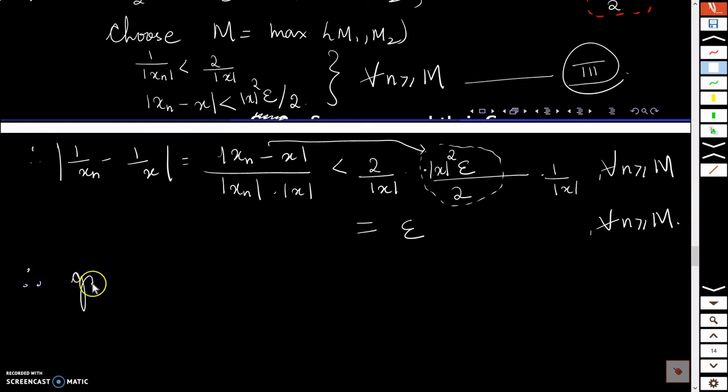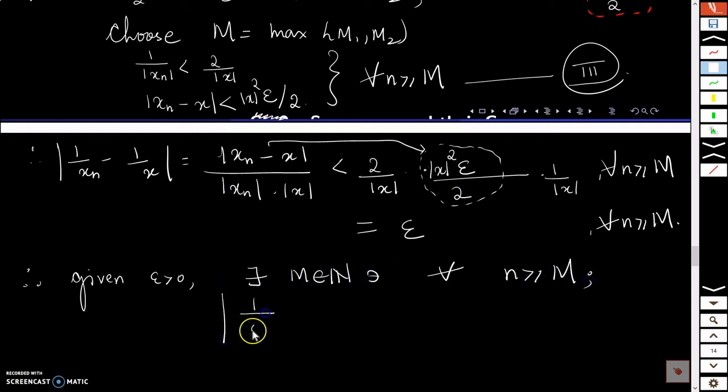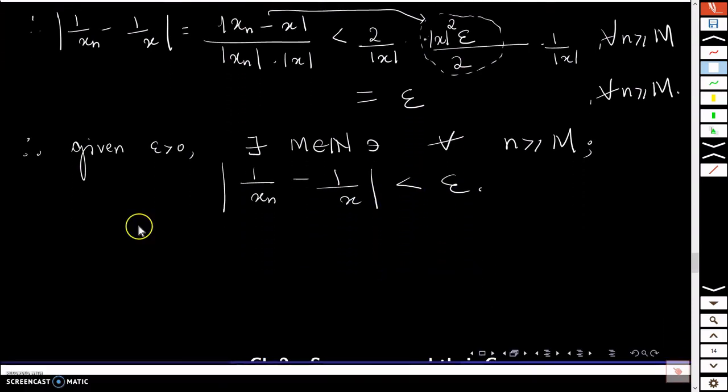Therefore, given epsilon positive, there exists a natural number capital M such that for all natural numbers bigger than or equal to this capital M, modulus of 1 by xn minus 1 by x is less than epsilon. And that proves that the sequence 1 by xn converges to 1 by x.